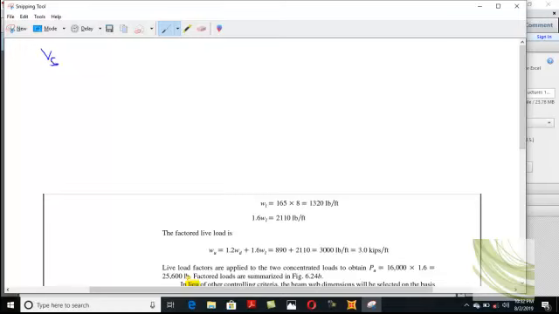Here Vs is taken equal to 4 into square root of Fc prime. If you take the phi value here, then you have to multiply by phi. If you don't take the phi value, then you need not put it here. So Bw d, clear.